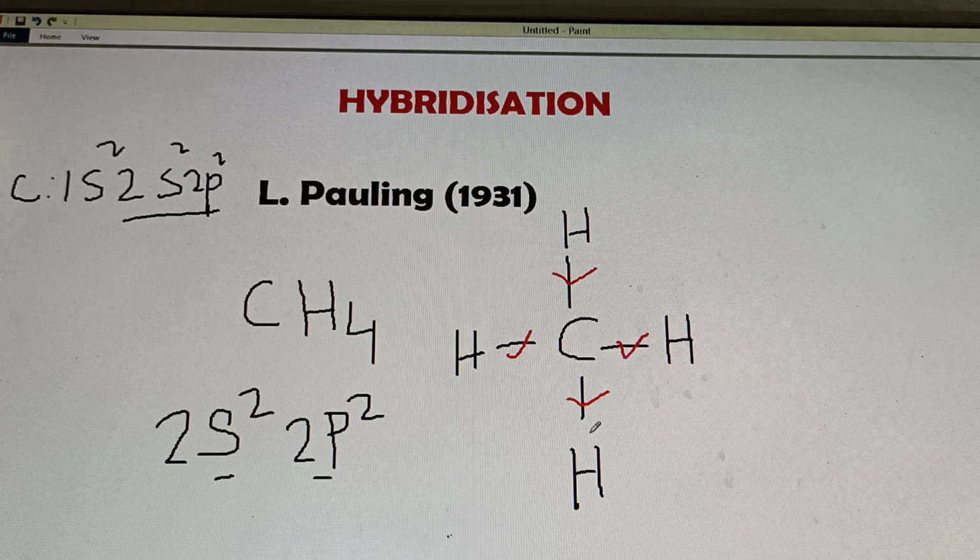From this idea, he proposed hybridization of orbitals.